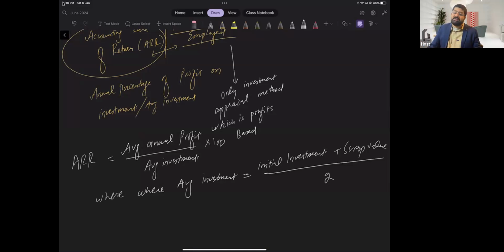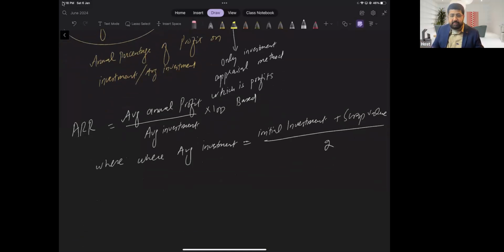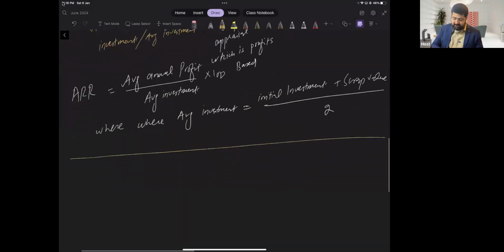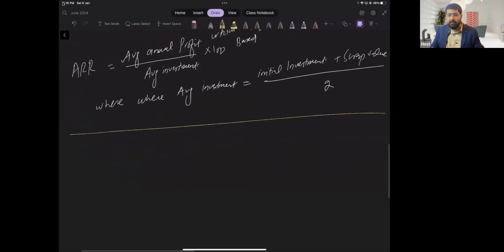This formula you should memorize: average annual profit divided by average investment into 100. Now, let us proceed further.